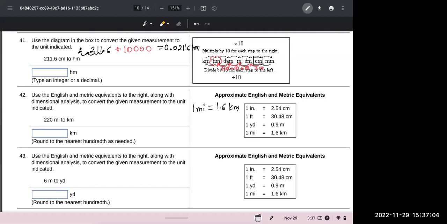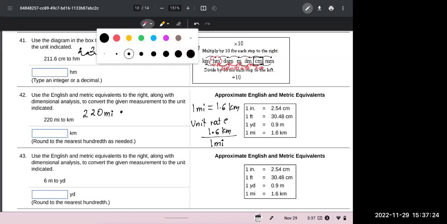So we need to multiply 220 miles by a unit rate. Our new unit is kilometers, so 1.6 kilometers is the numerator, and 1 mile will be the denominator.